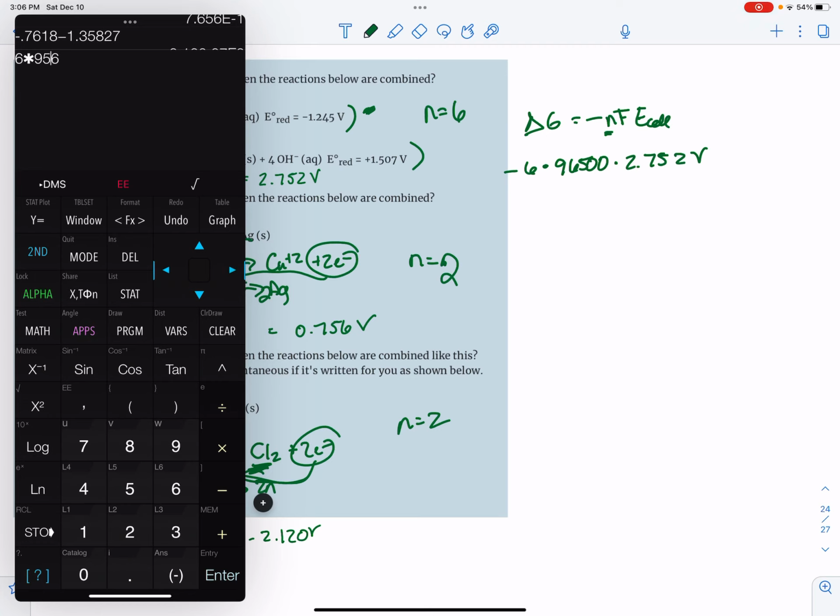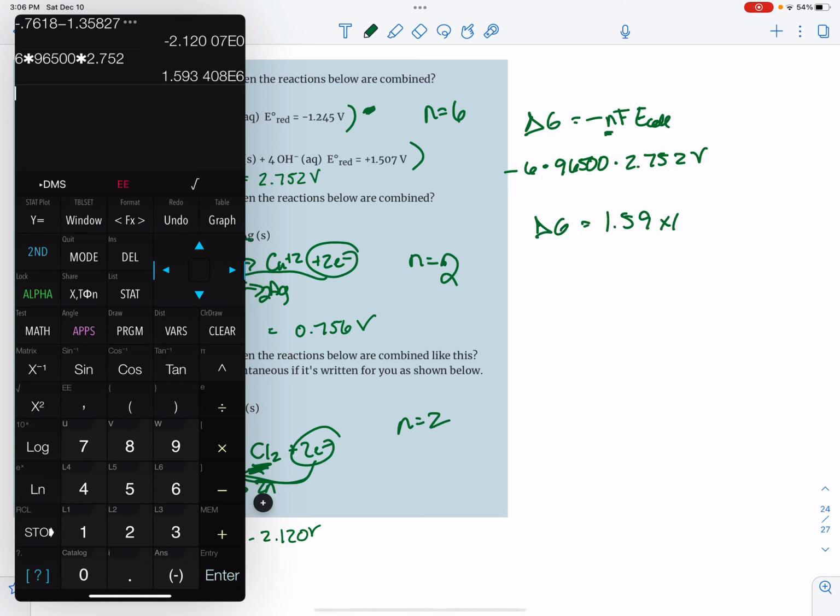Make sure you always put that in right. And that's going to give you that your delta G is equal to 1.59 times 10 to the 6th. And that's a negative. The negative wasn't lost.